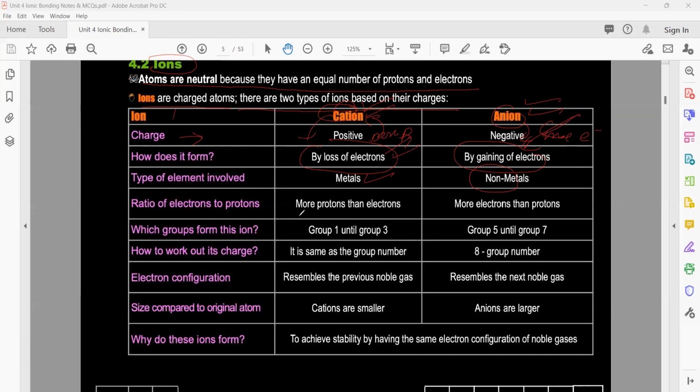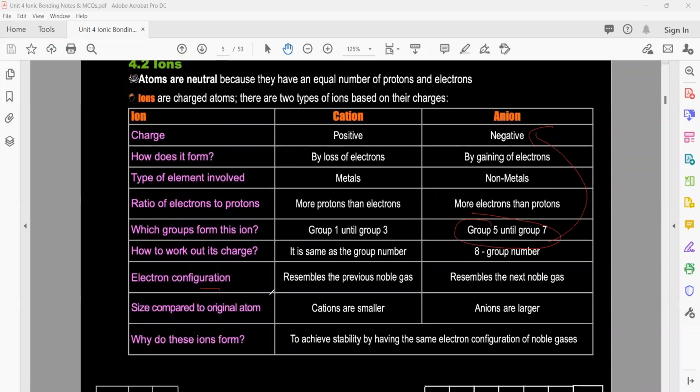If you talk about the number of electrons and protons, in cations there are more protons than electrons, in anions more electrons than protons. Which groups form these ions? Group 1 and group 3, because group 1 and group 3 are all metals. So metals will form which ions? Cations. Then from group 5 to group 7 they form anions.